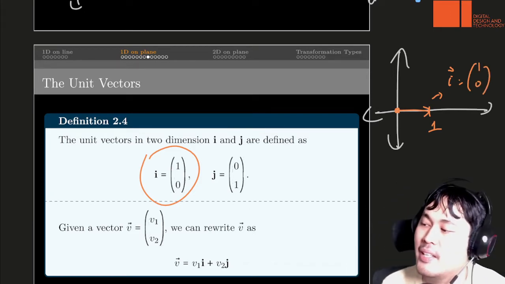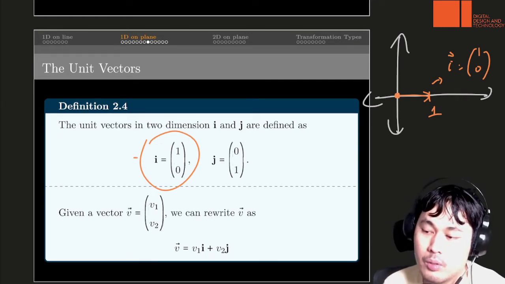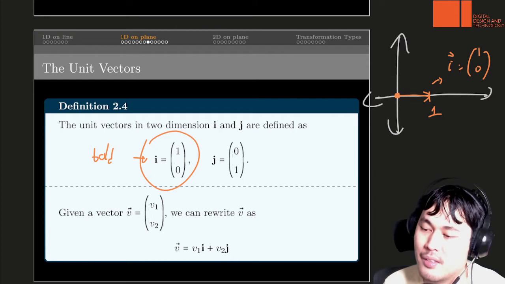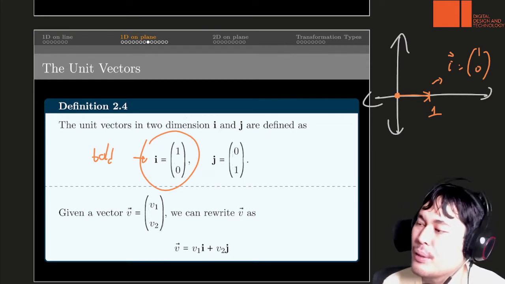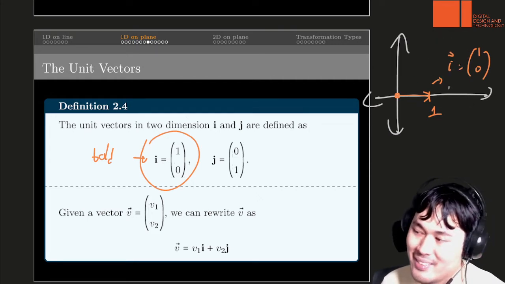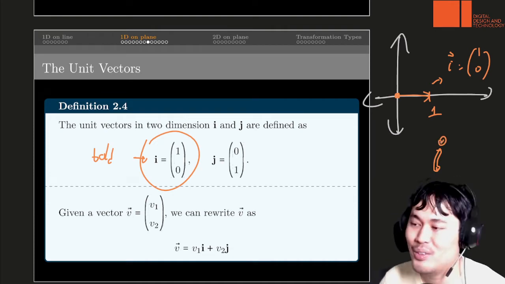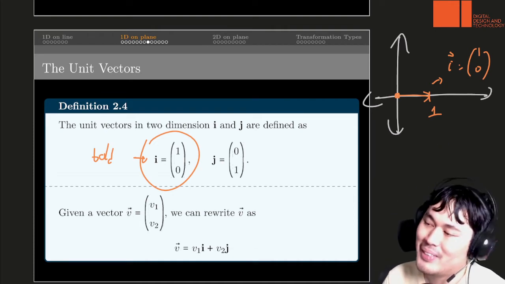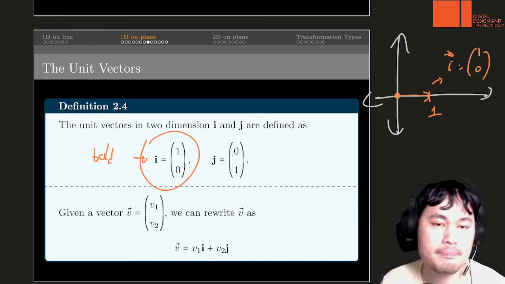Oh, and by the way, the way I write i in the lecture notes is in bold face. You can see it is slightly thicker than the normal text. But when I write it by hand, I cannot write it as bold face because that looks weird. So when I write it by hand, I put the vector notation instead.